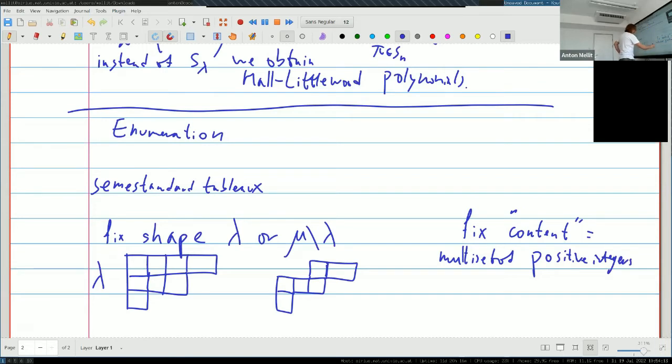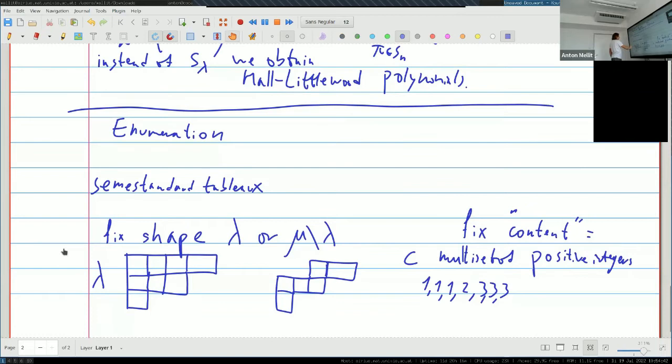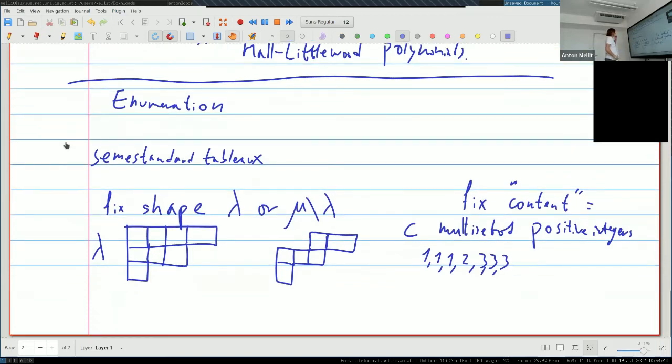For instance, I can say I take 1 three times, and then I take 2, and then I take several 3s, and so on. And this I denote by C. It is a multi-set of positive integers. And what I want to do is consider fillings of the shape with this content. So I want to count, right?